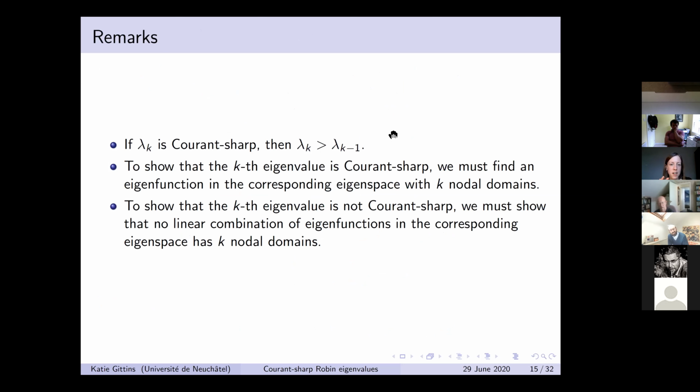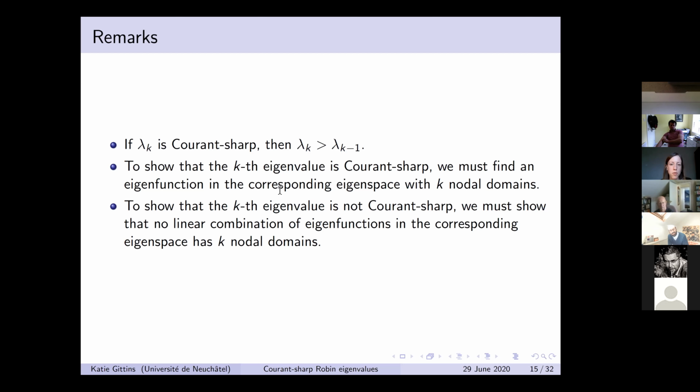And now my objective is to find which eigenvalues are Courant-sharp. So if I want to show that the kth eigenvalue is Courant-sharp, then I'm going to have to find an eigenfunction in the eigenspace with exactly k nodal domains. And if I want to show that the eigenvalue is not Courant-sharp, then I'll have to show that every possible combination in the eigenspace doesn't have k nodal domains. So if I have multiplicities, then I'm going to have a lot of combinations to check here.